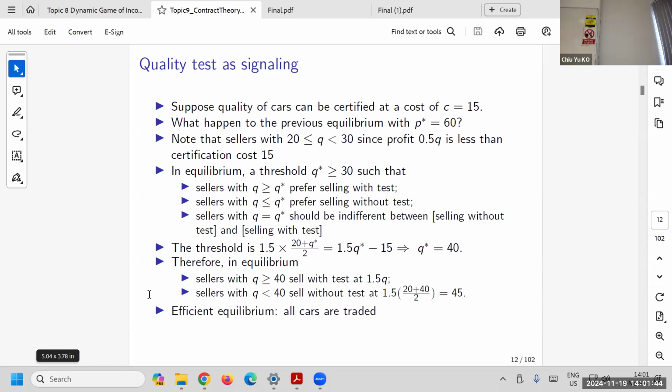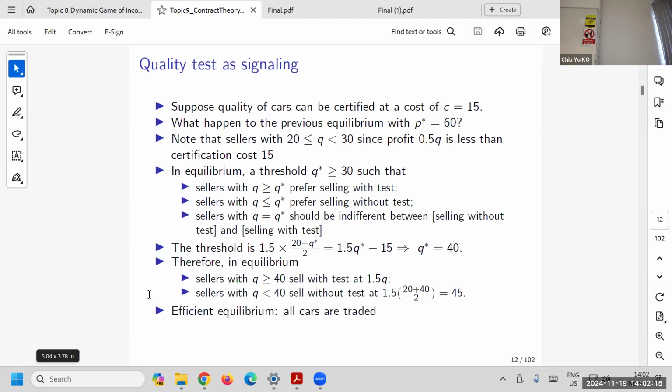It's called a costly signal, but this one is verifiable, which means that if I spend $15 at a shop, I can certify my car is good. They check everything, everything's all right, I spend the money. So let's see what we will observe. Of course, you expect this is also a costly signal, very similar to the previous one. But here, once I certify, I know the car directly.